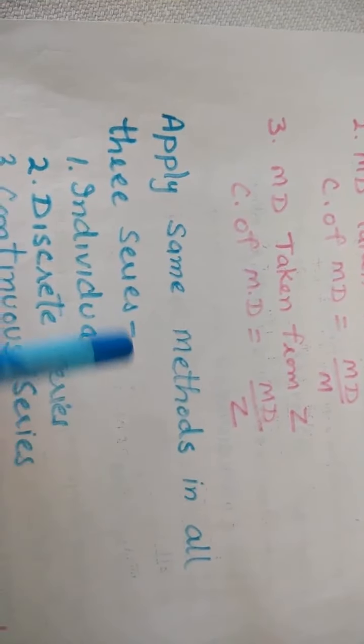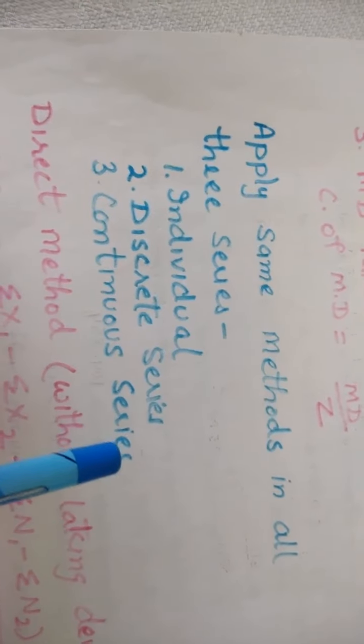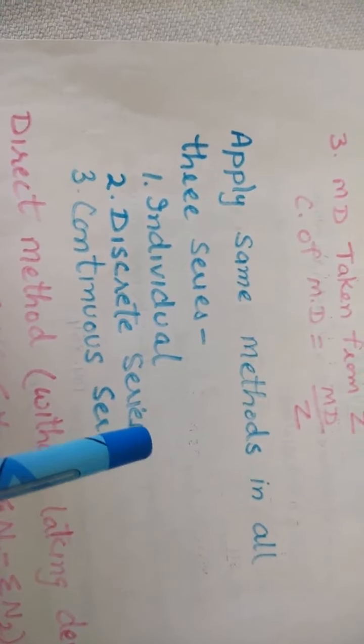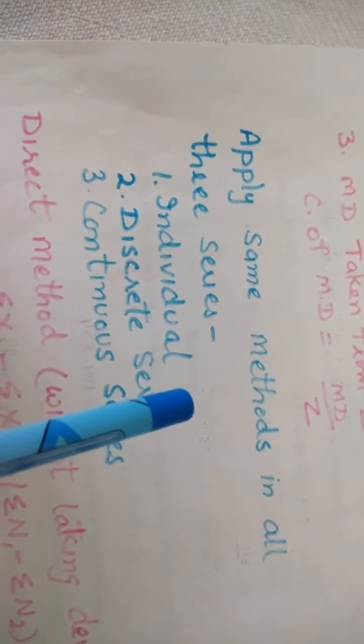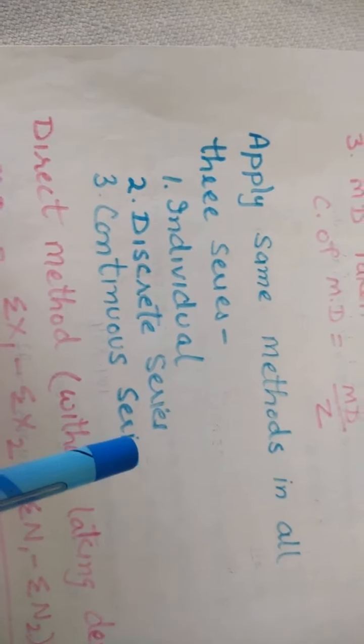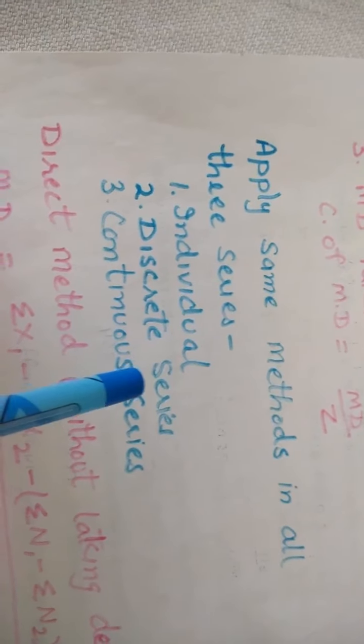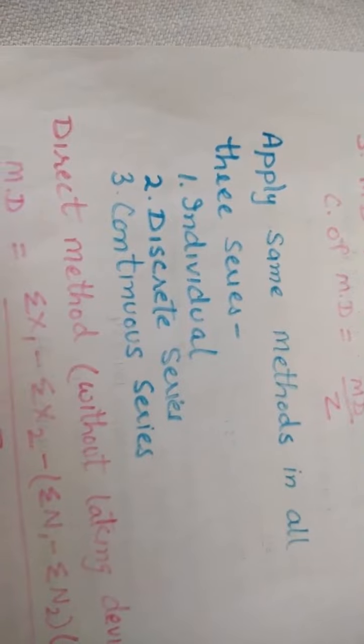Apply the same method in all three series: individual series, discrete series and continuous series. Remember one thing: in statistics, all data is calculated either from individual series or from discrete or from continuous series. These three series are the backbone of statistical calculation.